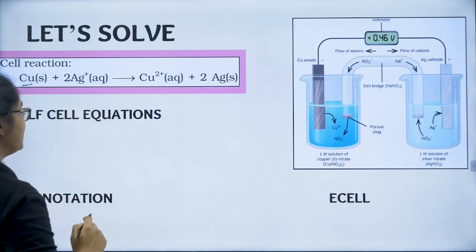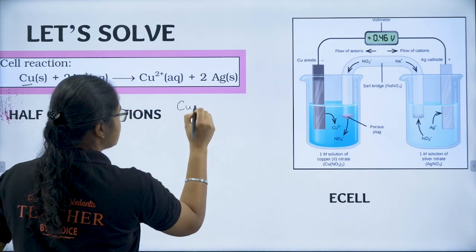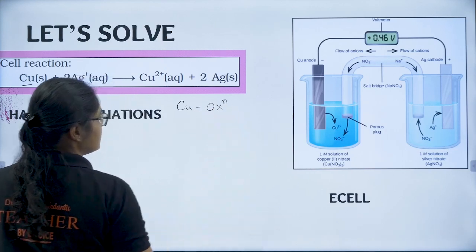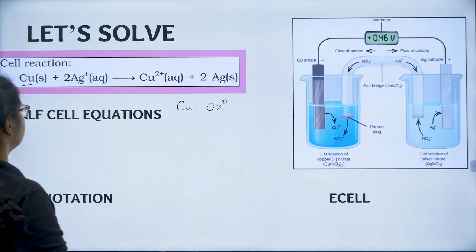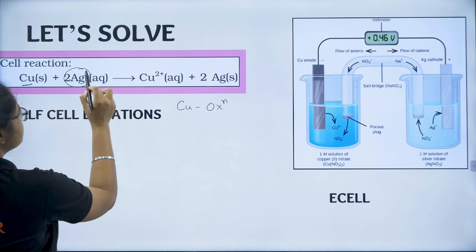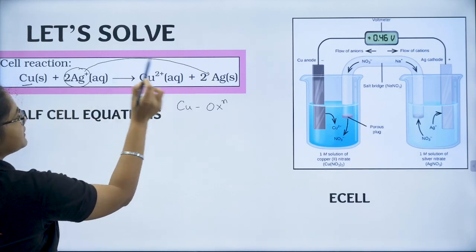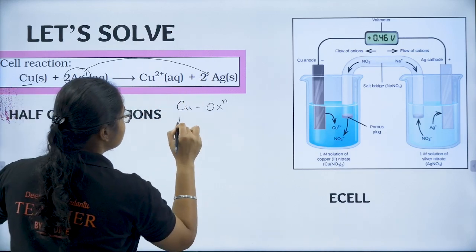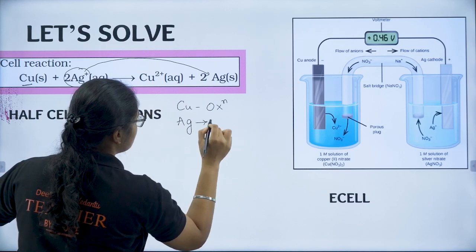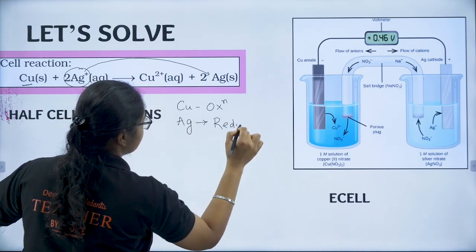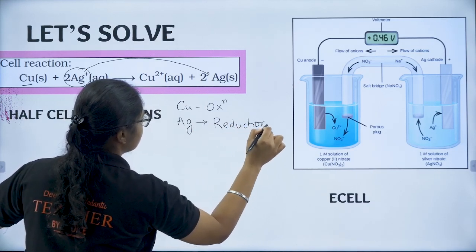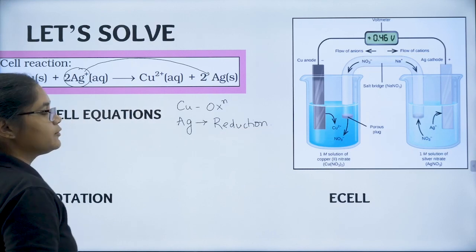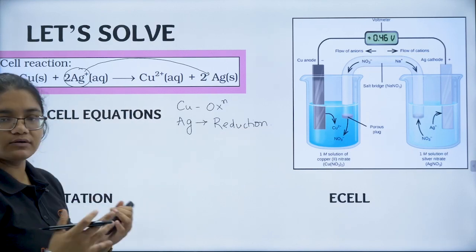So that means copper is undergoing oxidation, right? And silver, you can see Ag+ to Ag, right? That means silver is undergoing reduction. Silver is undergoing reduction, copper is undergoing oxidation.